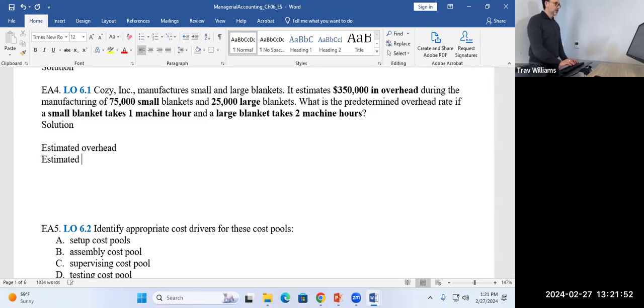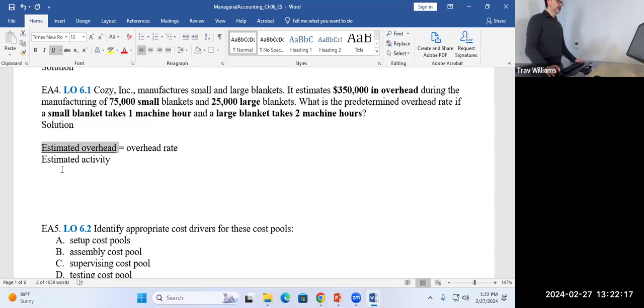Estimated activity. Yeah, the estimated activity, exactly. And that's going to equal our overhead rate. Now, in this case, we don't have any information about direct labor cost or hours, right? So what's the activity we're using in this case? Machine hours, right?